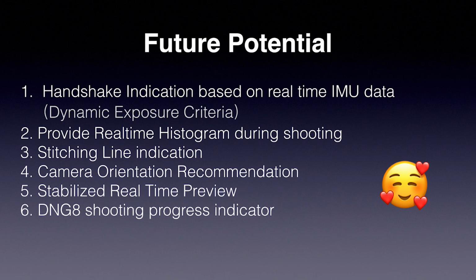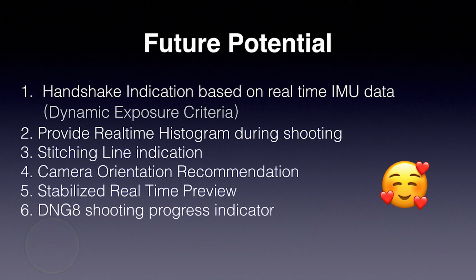Because in this mode, you are not taking a single shot. You are taking 8 DNG shots in a sequence. So that must be slower than a single shot. But DNG8 is much faster than the normal burst shot on other cameras.